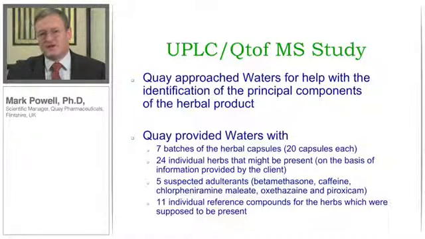In the meantime, after the analysis of the product for chlorpheniramine, we received some information from our client that suggested that there might be other adulterants present, so we sent those off as well. We also sent Waters 11 individual reference compounds, 9 of which are mentioned in the Chinese Pharmacopoeia, and a further 2 are mentioned in literature sources.